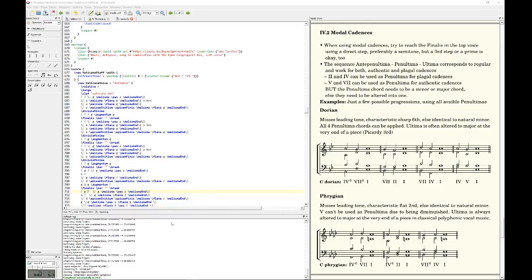Well, on to the Phrygian scale and the Phrygian cadences. The issue with Phrygian is that the 5th step of Phrygian, which in C Phrygian would be G, B flat, and D flat, would be diminished, so we can't use the 5th step as penultima.